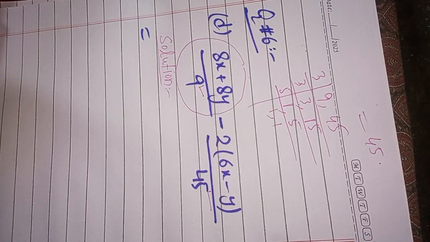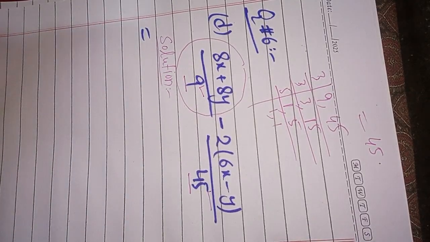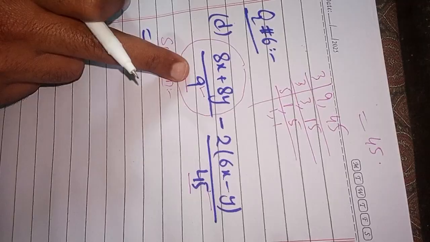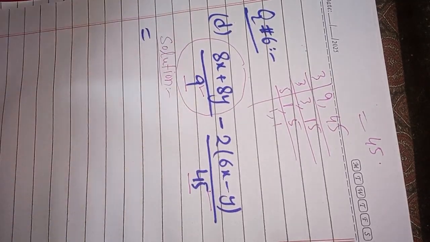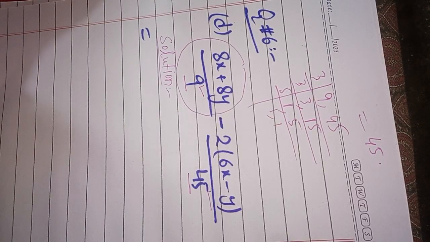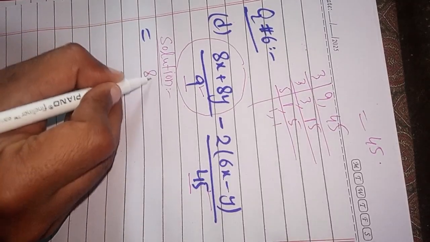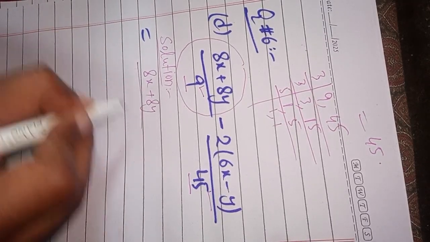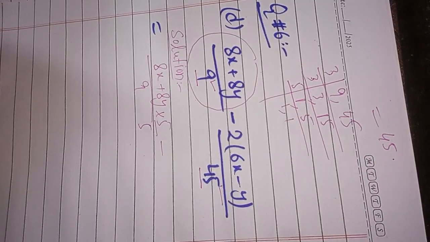Now let's write the terms. The first term is 8x plus 8y divided by 9, and we have to make the 9 into 45, so we multiply and divide it by 5.